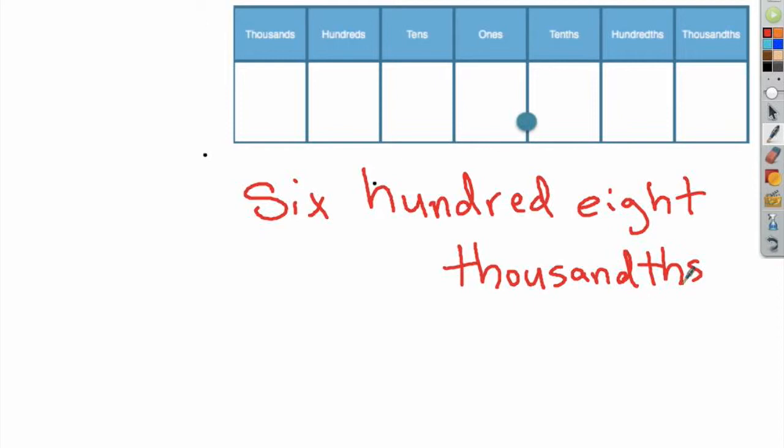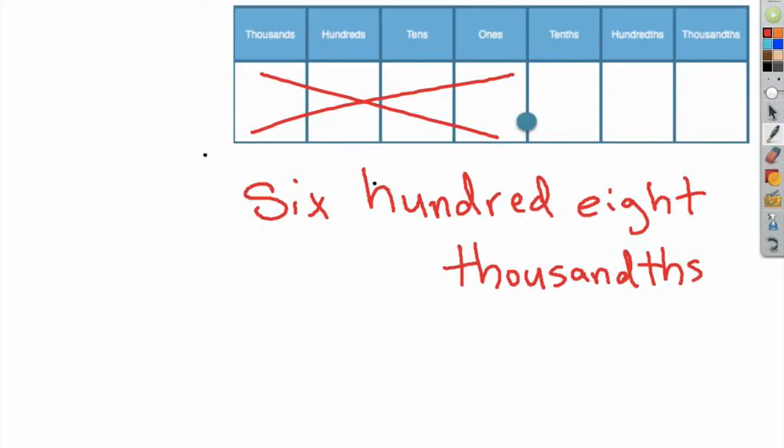Give me a thumbs down if we're going to be working on the right side of the decimal. Okay, good. There's no whole number, so I'm not even paying attention to these right now. Your job now is to fill in your place value chart with the number 608 thousandths. This one might be a little tricky.